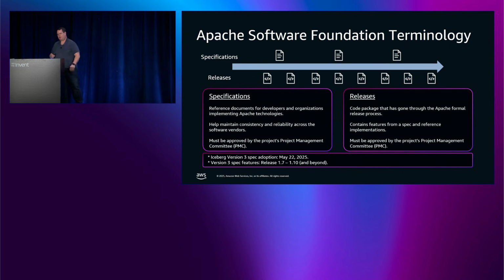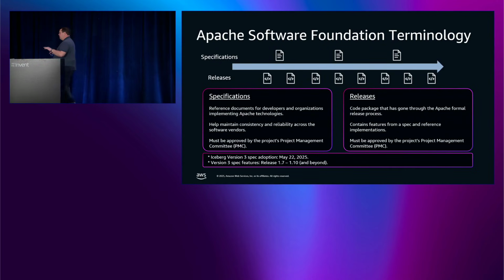On the release side, this is where the specs start to come to life. You have spec features that are implemented in releases, either through reference implementations or SDKs, but the releases go through a formal Apache Software Foundation software release process. Those, again, are voted on by the PMC, just like specs are.